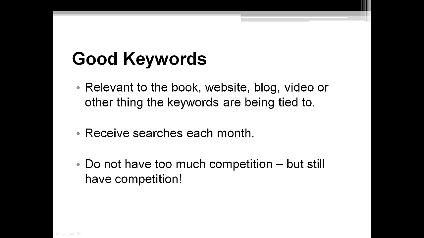Good keywords receive searches each month, which is something that you can look up in the Google External Keyword Tool. Good keywords have competition, indicating that it's worthwhile to be in that market and to rank for those keywords, but not so much competition that it becomes exceptionally difficult for you to rank and get traffic there.